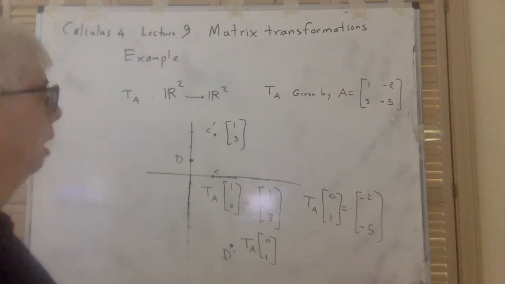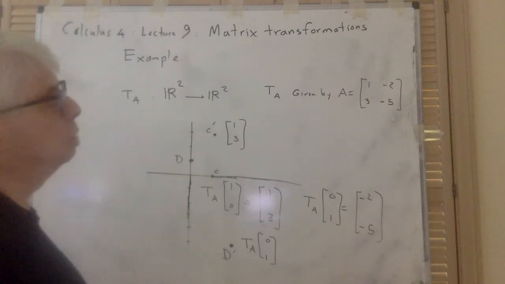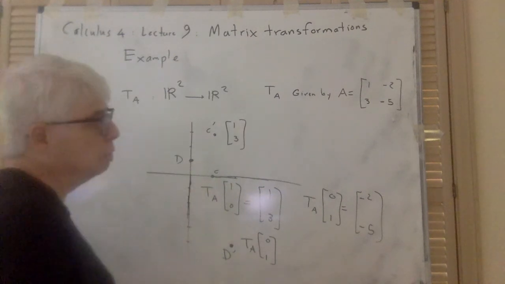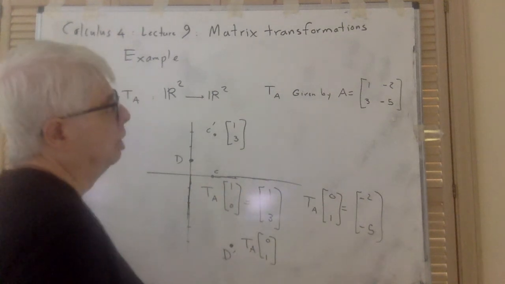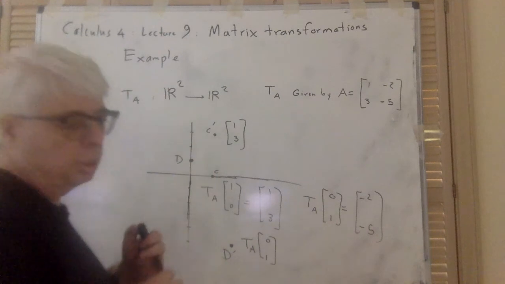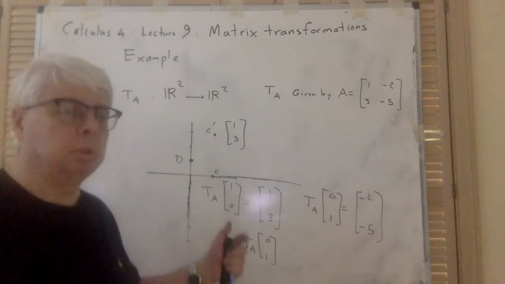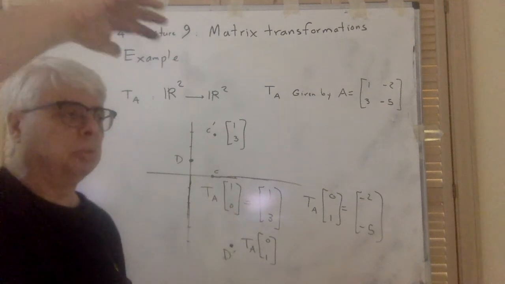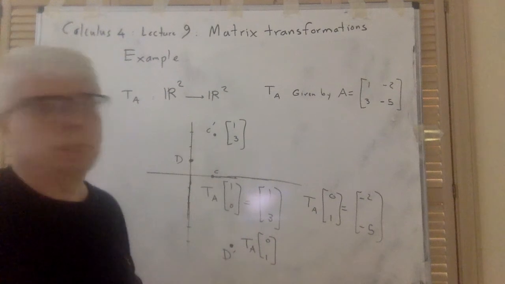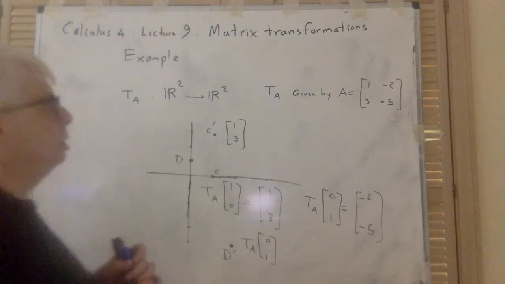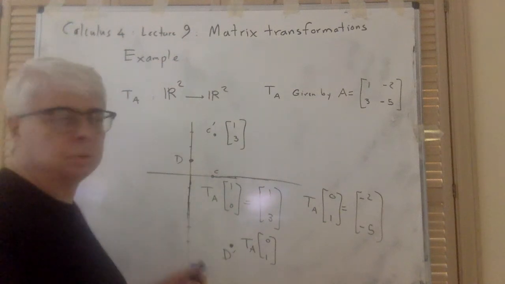I don't know what this one is doing, because I just wrote some numbers on the fly. But this transformation takes R2 and maybe stretches R2, maybe rotates R2, maybe shears R2, or things like that. So it basically does some damage to this R2.